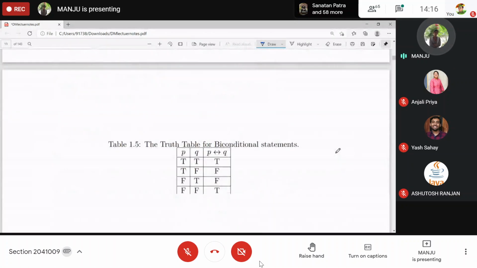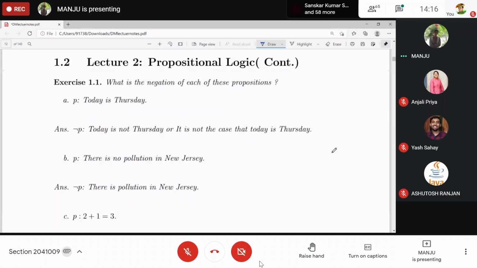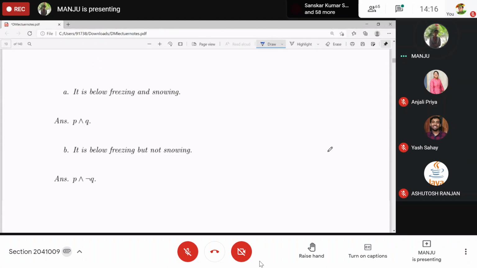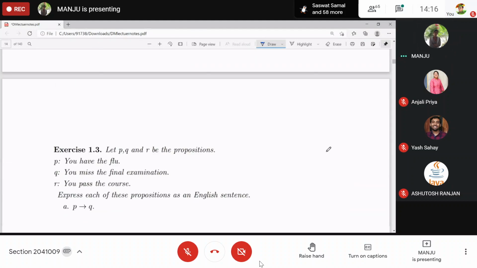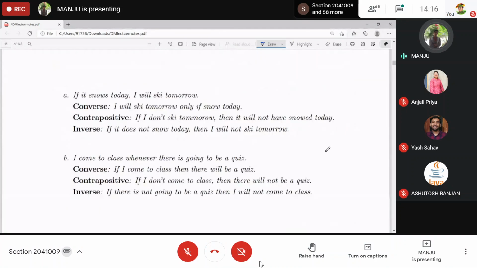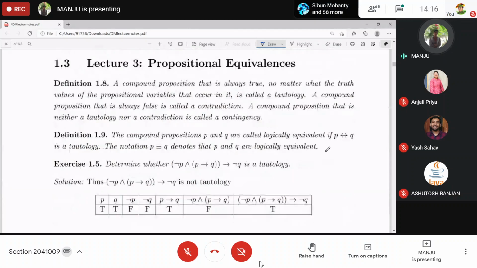Then we did biconditional, the if and only if part. Solved some questions on translation, from logic to English, English to logic. Converse, contrapositive, inverse questions. Then we did propositional equivalence.